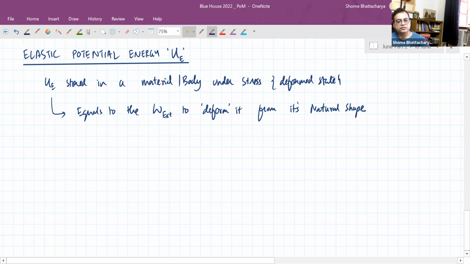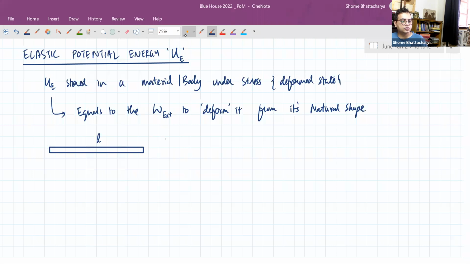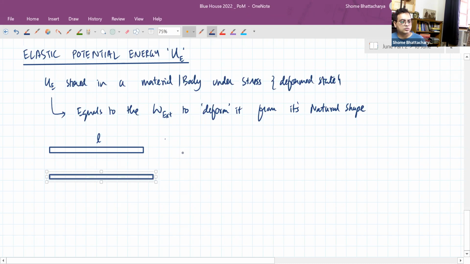Just like we had done the derivation for the elastic potential energy of a spring, half kx square, something similar over here. Let's say to begin with, you have a longitudinal material which is at natural length. Now we want to elongate it to a strained length. To do that elongation, we apply an external force like this.